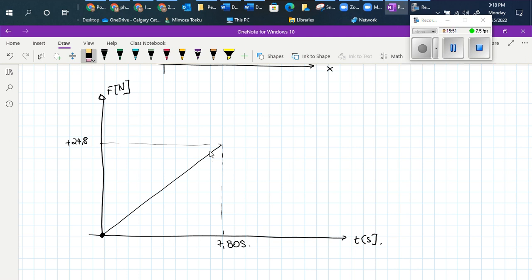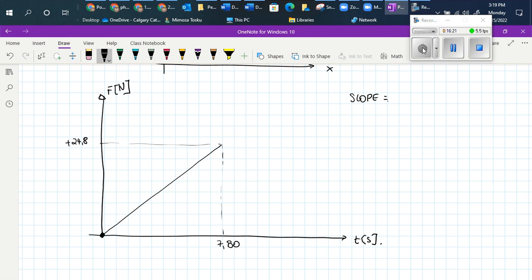Well, we don't have to say seconds here because we have stated the seconds there. So first we'll find the slope and then the equation of this straight line.